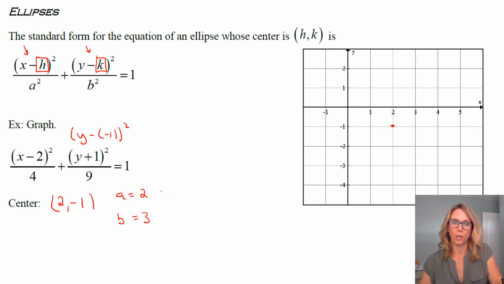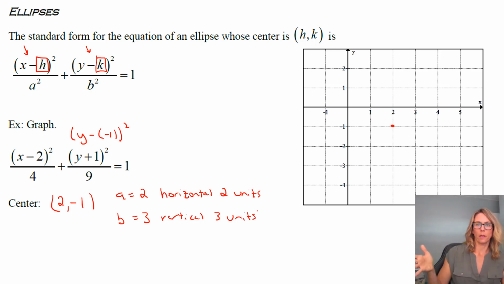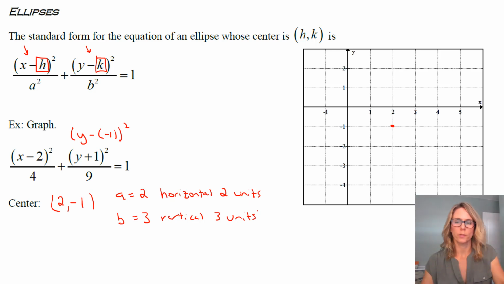So now we know that we need to go horizontal 2 units and vertical 3 units. And that's going to give us the height and width of our ellipse. So horizontally 2 units will take me here and here. And vertically 3 will take me up here and down here.